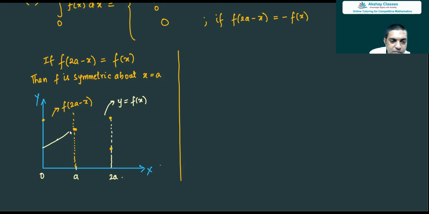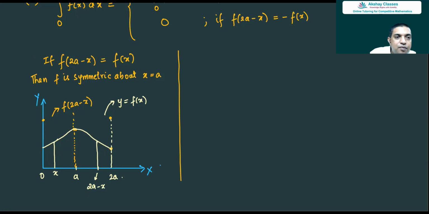I realized the graph will be symmetric about x equal to a. So let us say there is this point x. Then at the same distance from 2a, you will get 2a minus x. So the value of the function at x and 2a minus x will be the same.